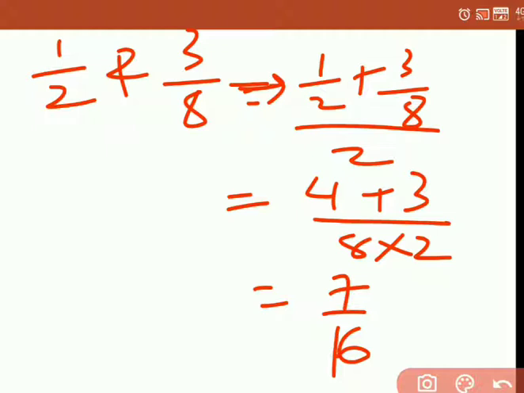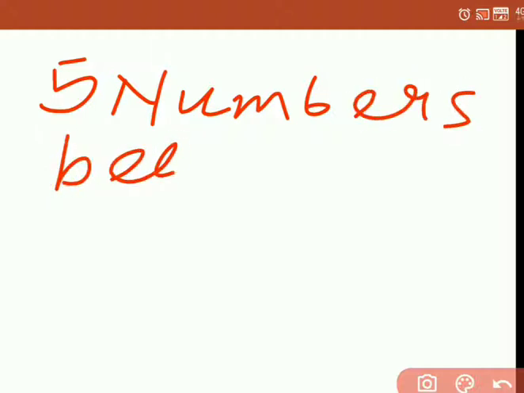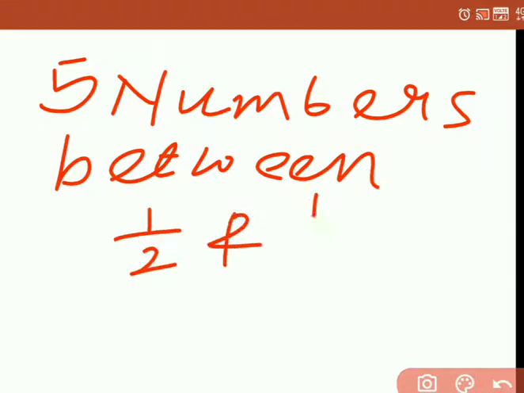So try to find at least 5 numbers between 1 upon 2 and 1 upon 3. Get it? Are you able to do so? I hope you are able to do this. Understand?